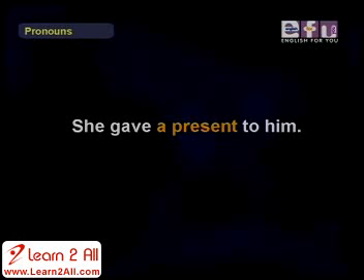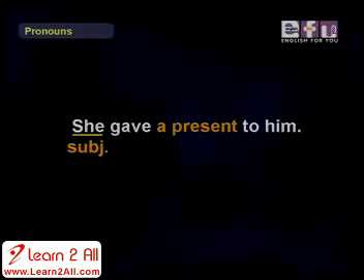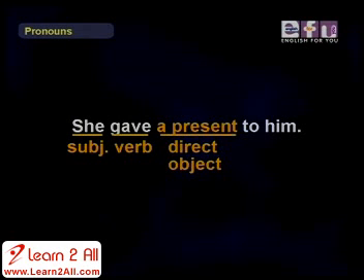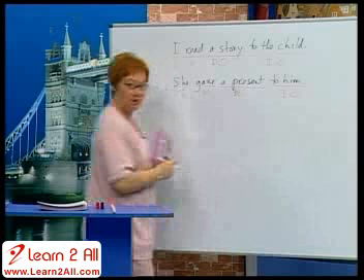Now, here's some more examples. She gave a present to him. Subject, she. Verb, gave. A present, you know, direct object. To him, indirect object. Okay?